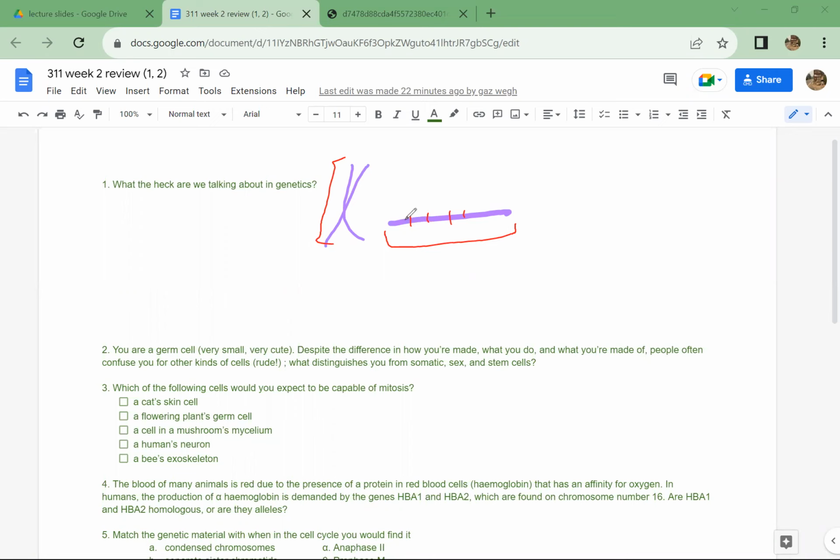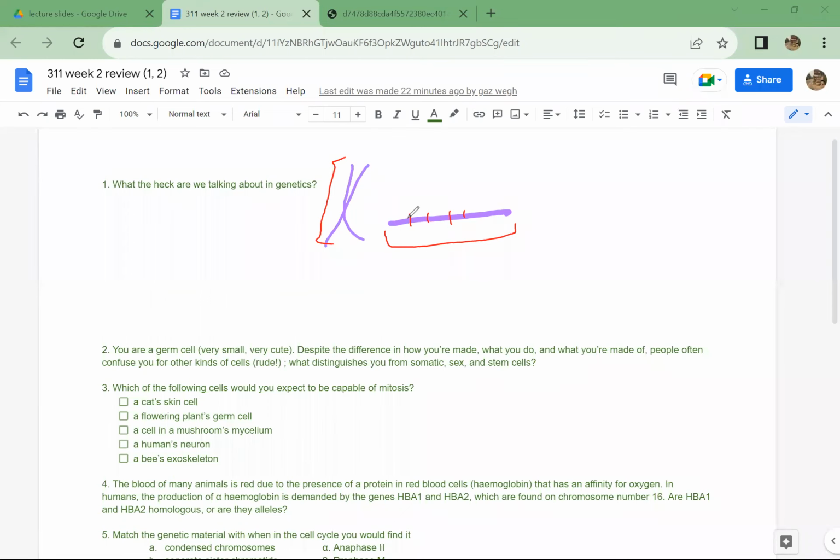But these genes are not the only kinds of information that we can find on a chromosome. If we have this red gene, it can also be described perhaps as a pink gene, a lighter red gene.